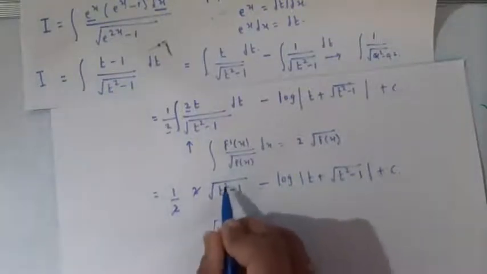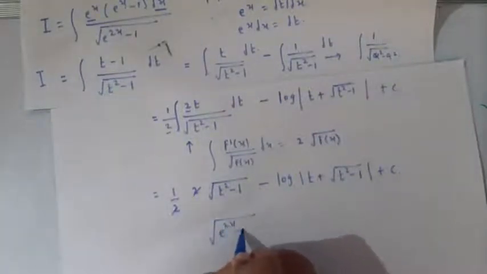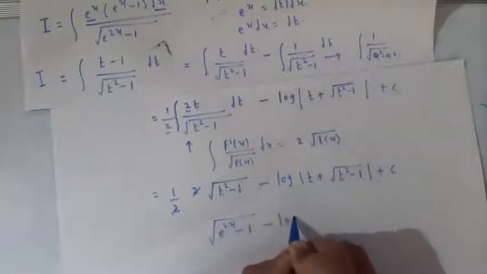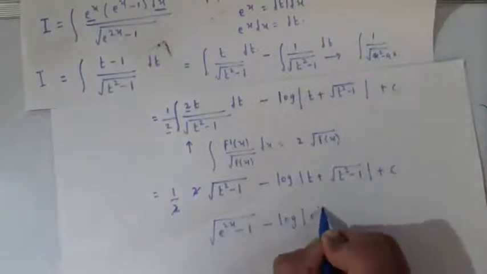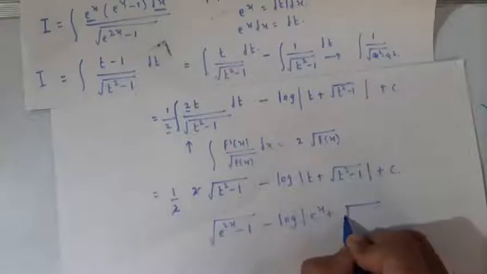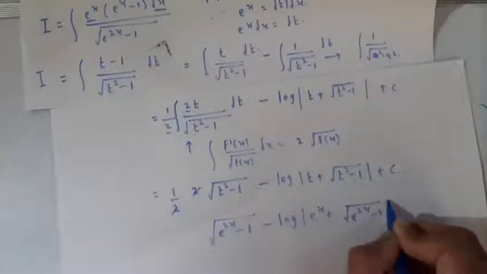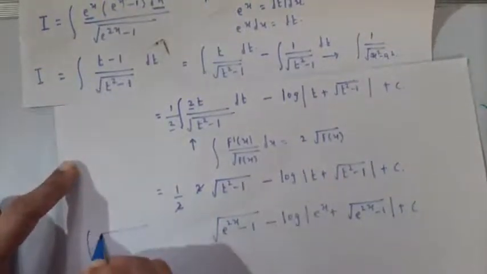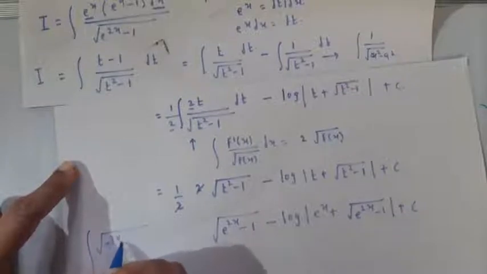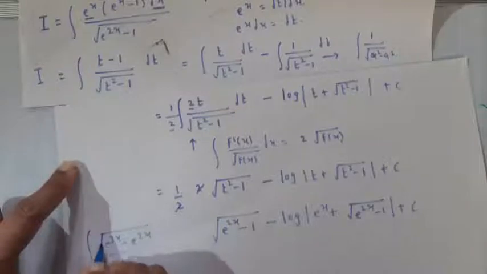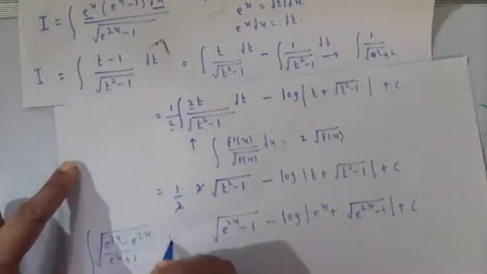Resubstitute the value of t: t is e raised to x and t square is e raised to 2x, so we get square root of e raised to 2x minus 1 minus log of e raised to x plus square root of e raised to 2x minus 1, plus constant of integration c. This is the integration of square root of e raised to 3x minus e raised to 2x upon e raised to x plus 1 with respect to x.